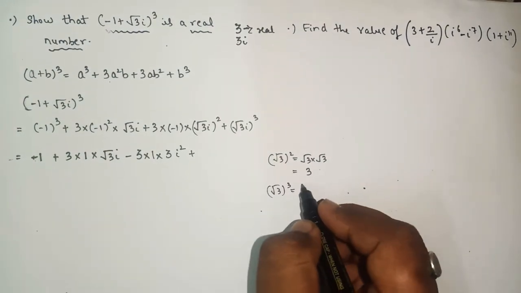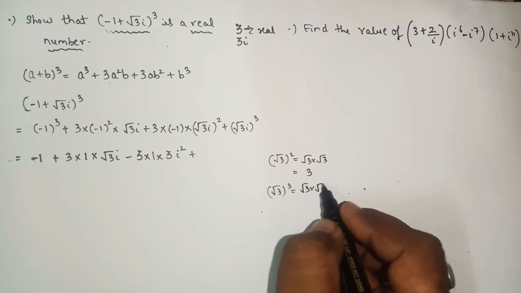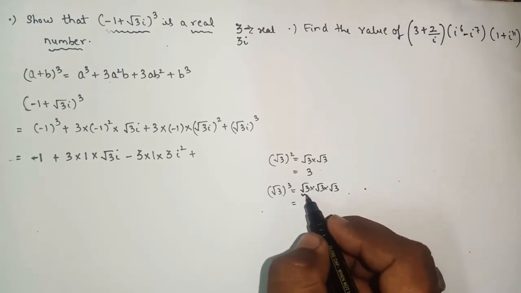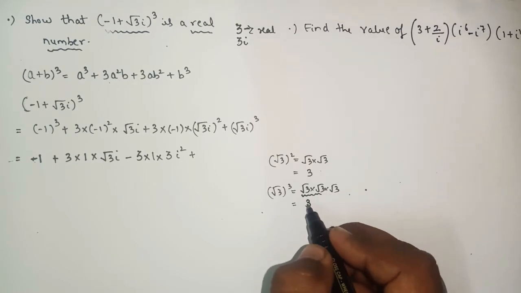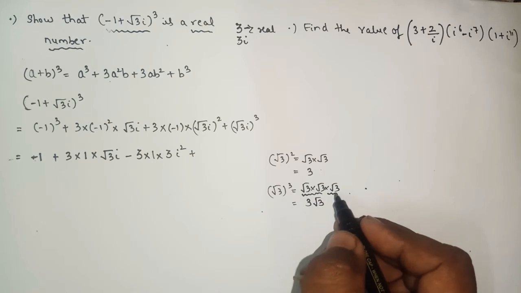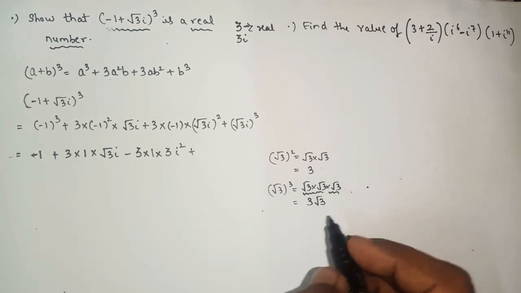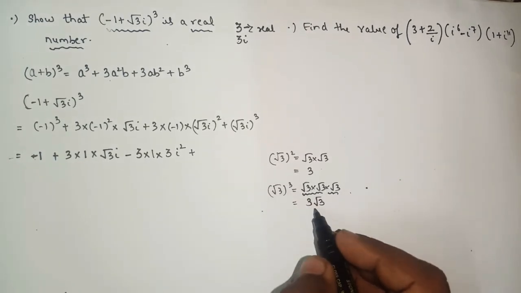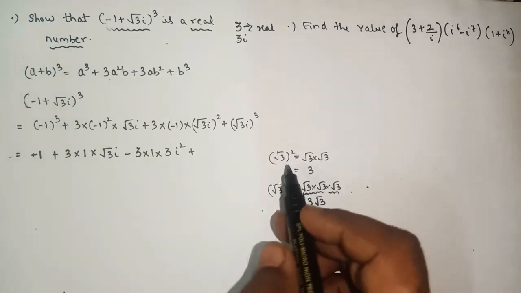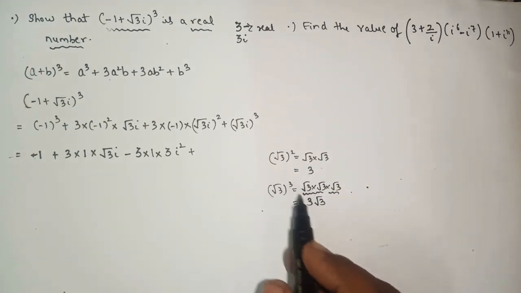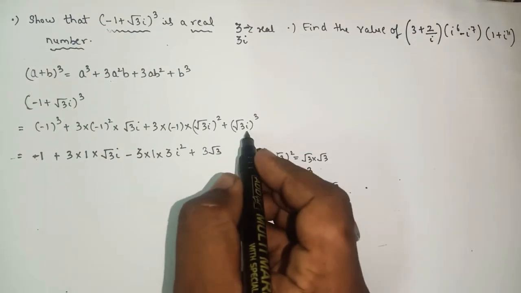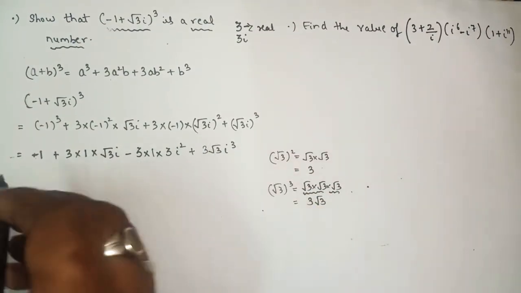Root 3 the whole cube we can write as root 3 into root 3 into root 3. We know that root 3 into root 3 will be 3, and this root 3 will be the same as it is. We cannot do anything because it is an irrational number. So root 3 cube we can write as 3 root 3, and i we can write as i cube.